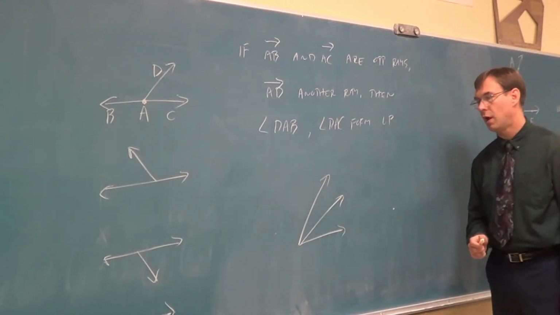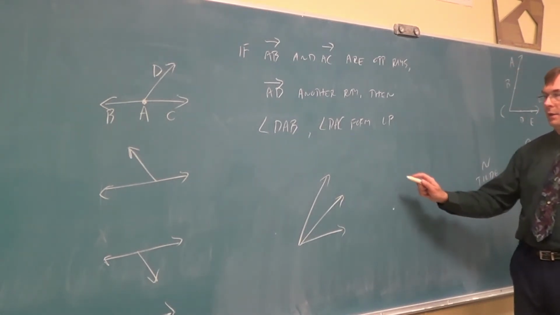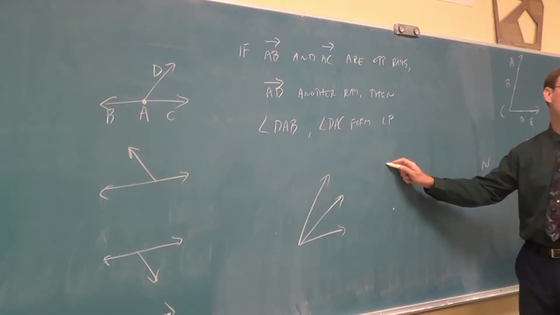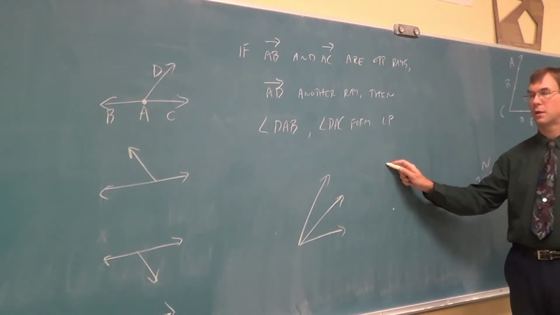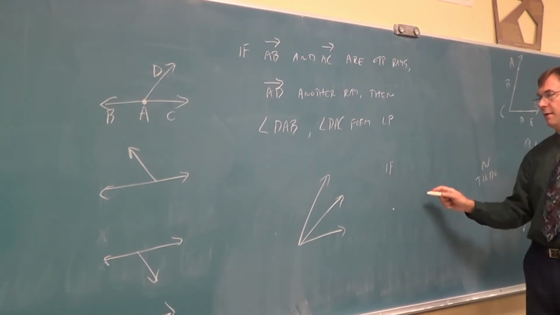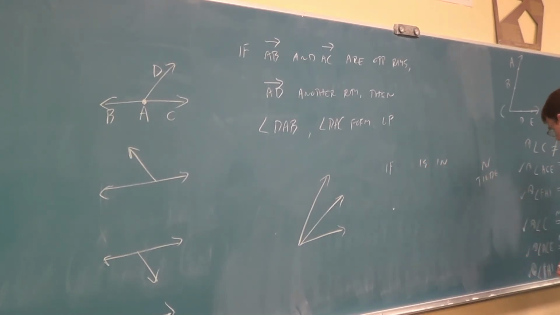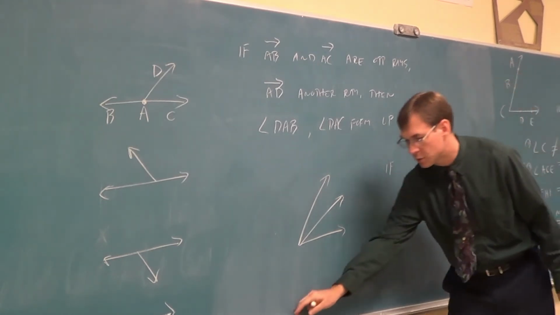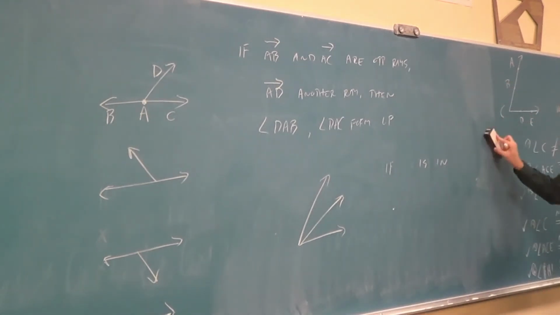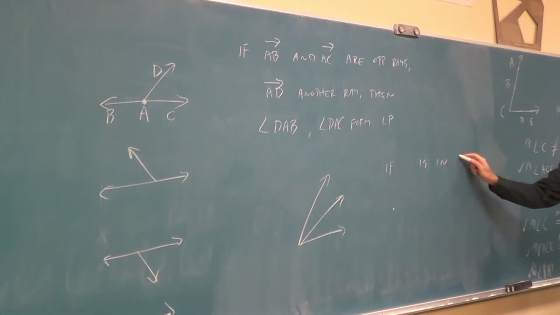And we could settle on letters in a minute. Does anybody remember how the words go before we pick the letters? If something is in the, spark any memory? Is it endpoint? Interior?